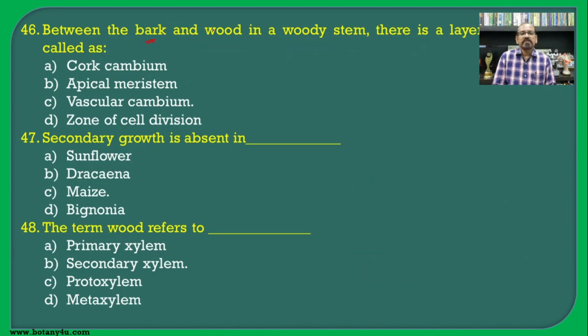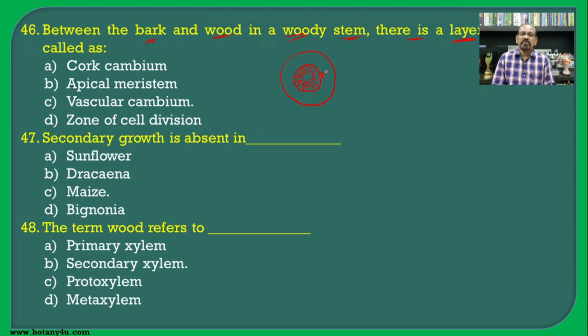Between the bark and wood, in a woody stem there is a layer of meristem called the... If you see this type of condition in the stem, this is the vascular cambium, and inside it there will be the xylem, that is known as the wood.